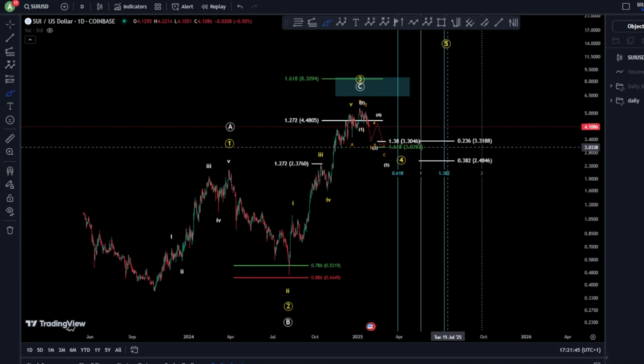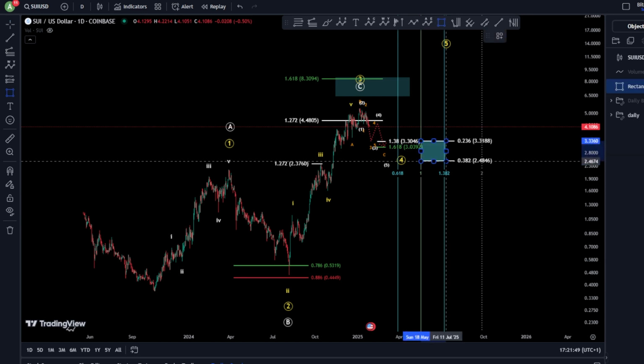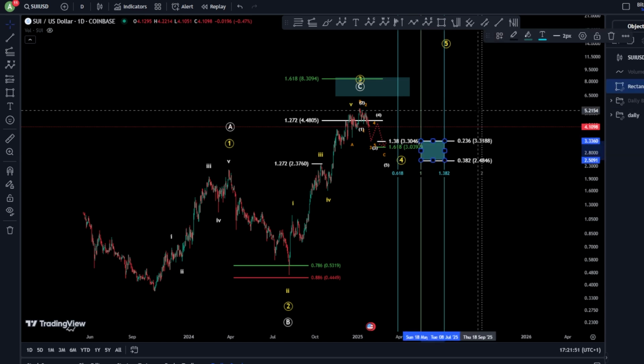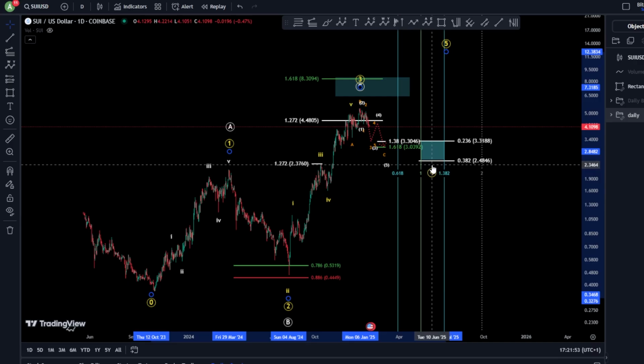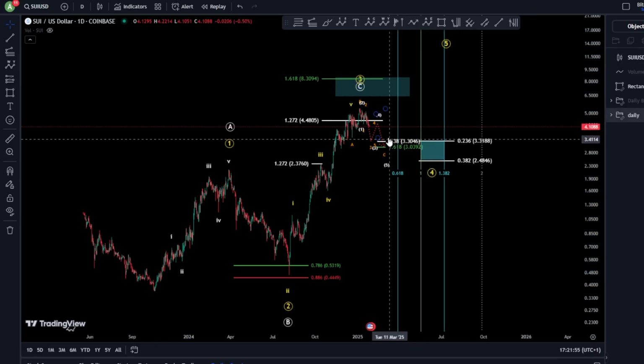So I would say this is the perfect zone area for a dip here, and then moving to higher prices. Yeah, so these are basically the insights.